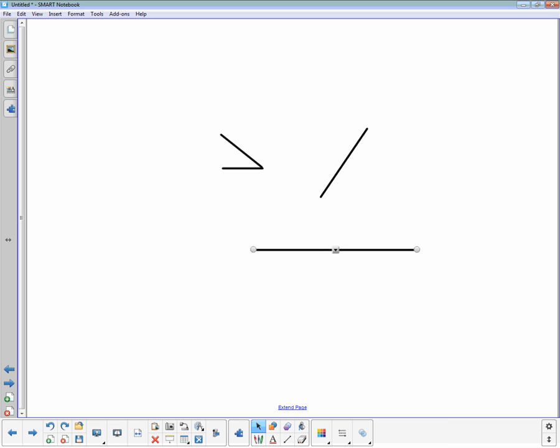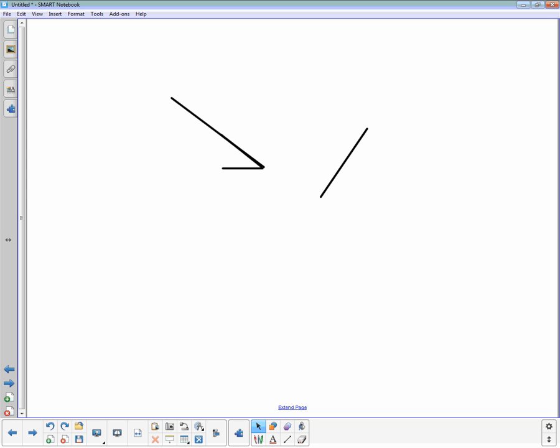I'm going to have a problem with that one. All right, so I had to change my length because it wasn't going to work for me. But that's my side, that's my angle, and that's my other side, and I have to use them.